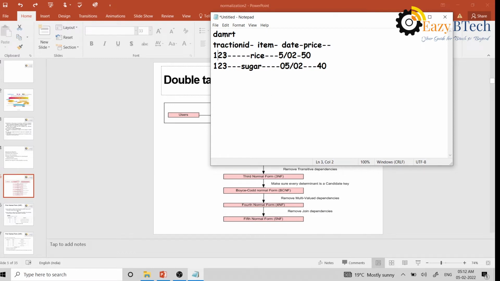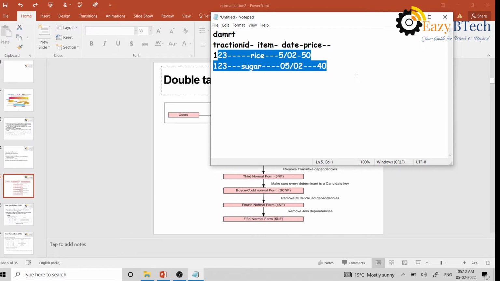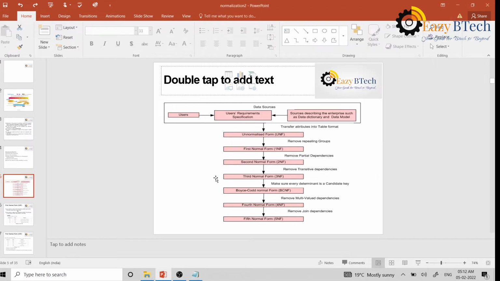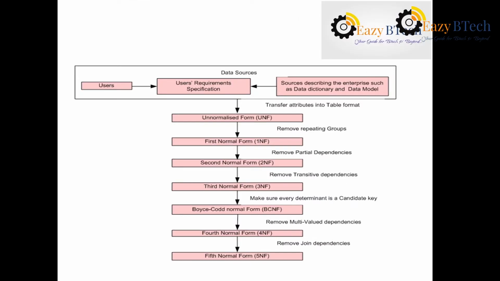To overcome this problem, we decompose it into tables. How to decompose into tables? The best way of doing that process is called normalization. I hope you understood what is normalization. Once we create a database, this is the UNF, nothing but unnormalized format. To overcome this problem, we have to remove the repeating group.